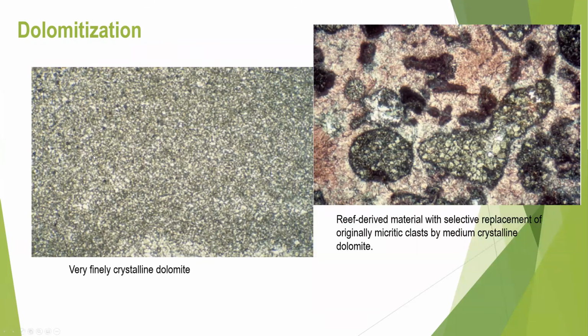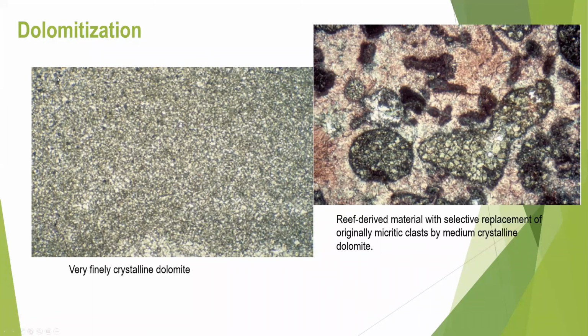In most tidal flats, or sometimes in open marine, we have this type of dolomitization. They are very fine crystalline dolomites. The porosity of this type of dolomite is very low, and because the pore throats are very fine, the permeability of this type of dolomite is low.